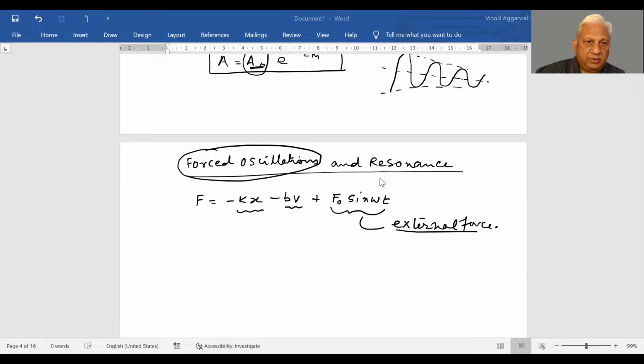We can again express our x as another phase difference.